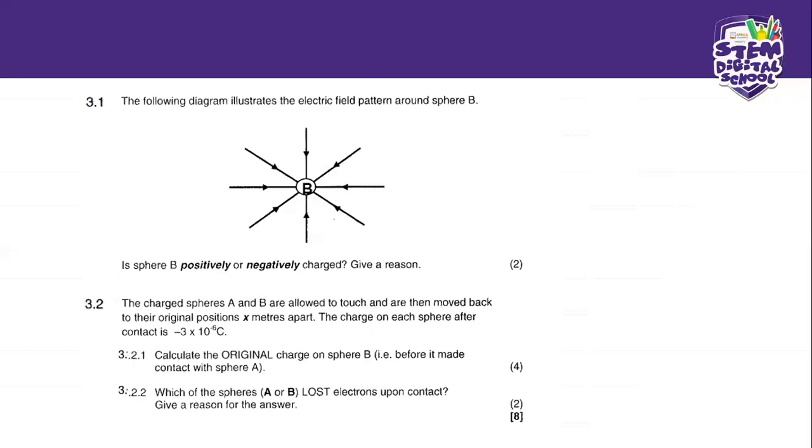Number 3.2.2 says which of the spheres A or B lost electrons upon contact, and give a reason for your answer.